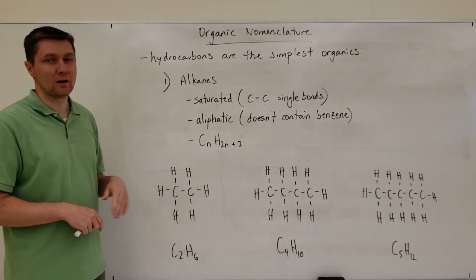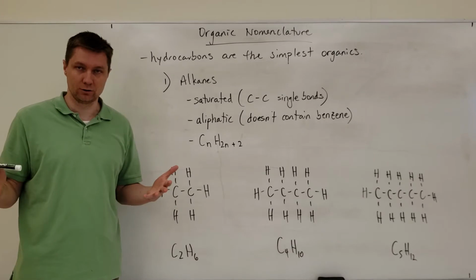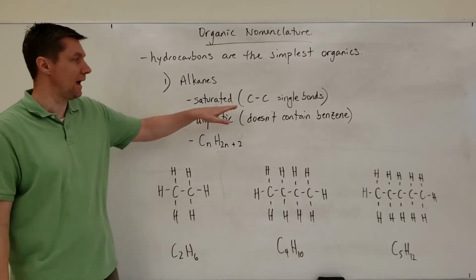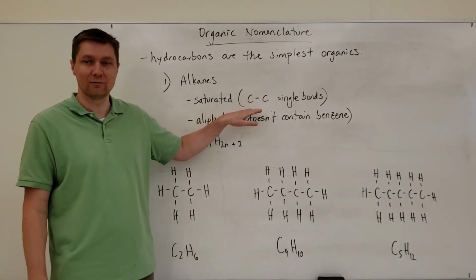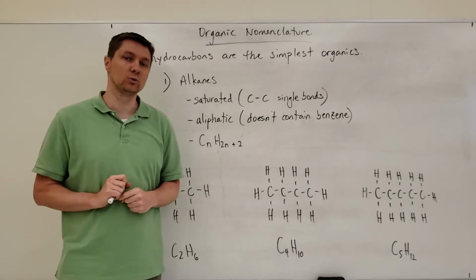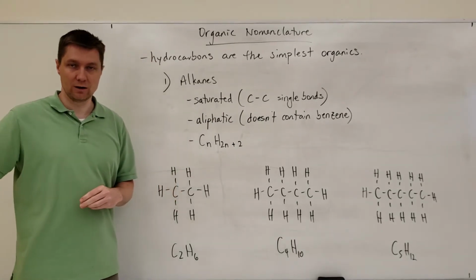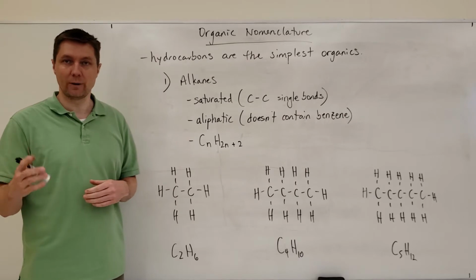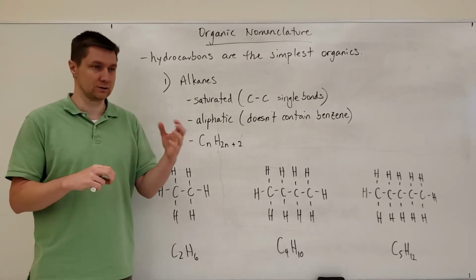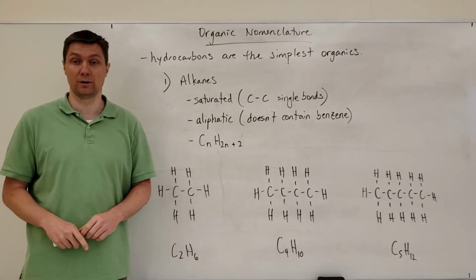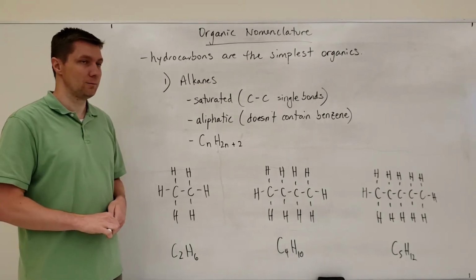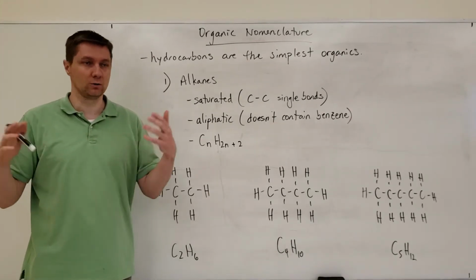First thing that we need to point out is that alkanes are saturated molecules. By that, what we mean is that alkanes are compounds that have carbon-carbon single bonds only. You'll see as we carry on throughout the unit that there are some compounds that have carbon-carbon double bonds and some that have carbon-carbon triple bonds, and maybe have double bonds elsewhere in the molecule as well.